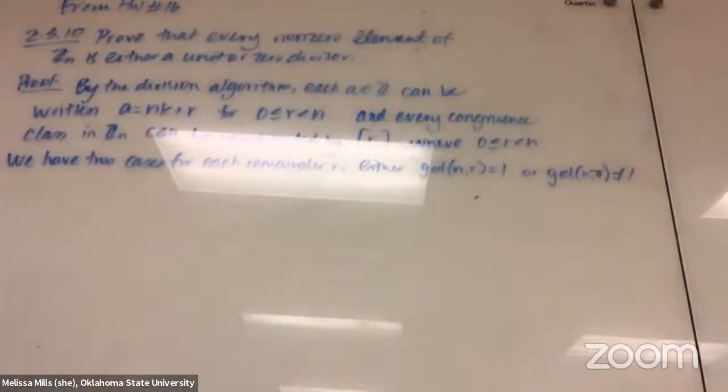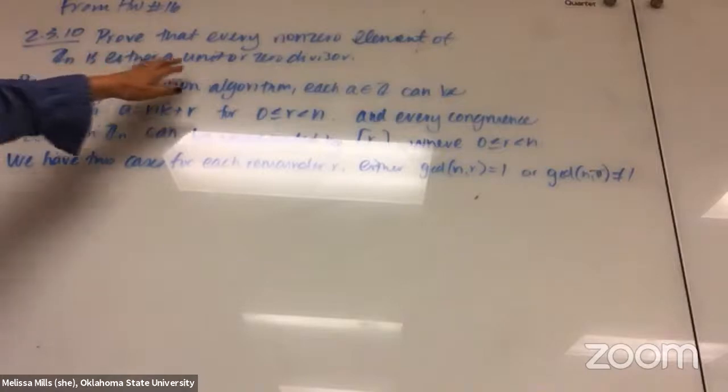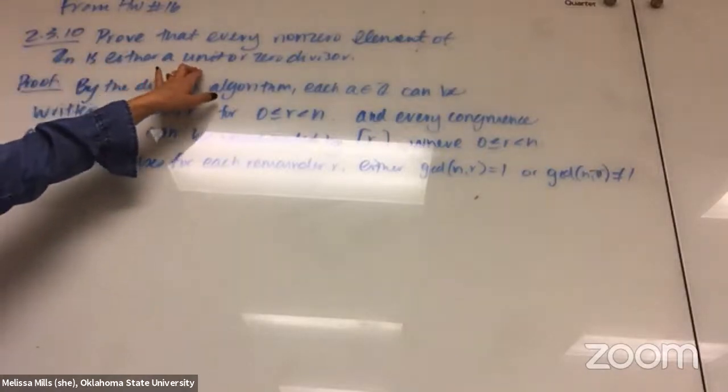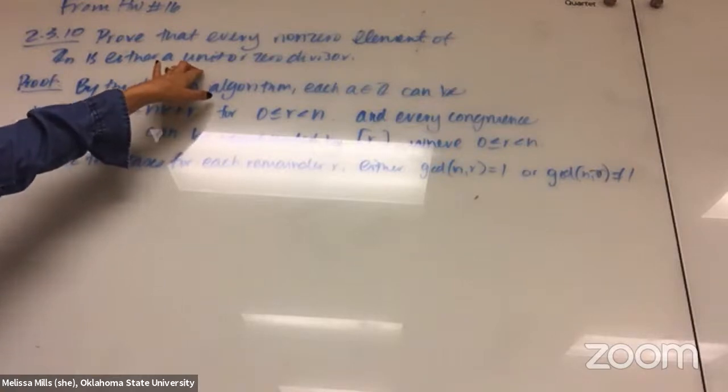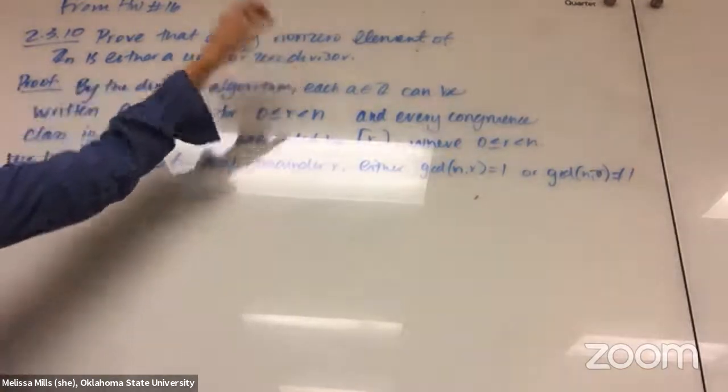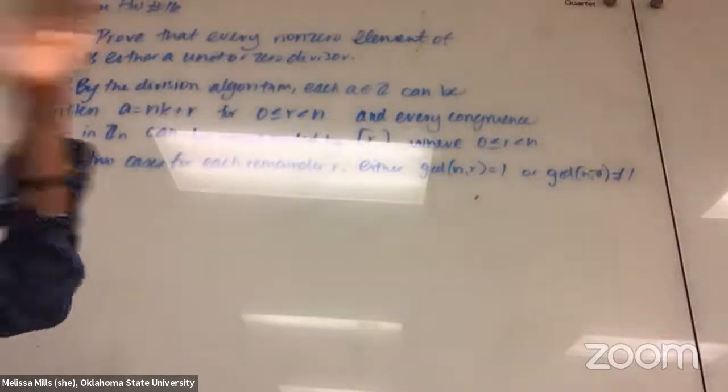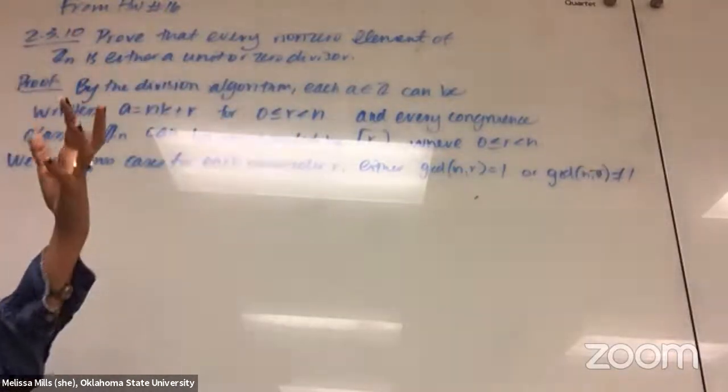Does that sort of make sense to you all? Because we want to say we have these units and we have these zero divisors. A unit is something that has a multiplicative inverse in the ring. And zero divisors are the elements that when you multiply them by another element, you get 0, right? So that's what we're looking at.